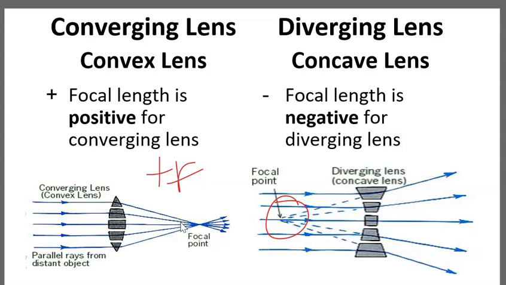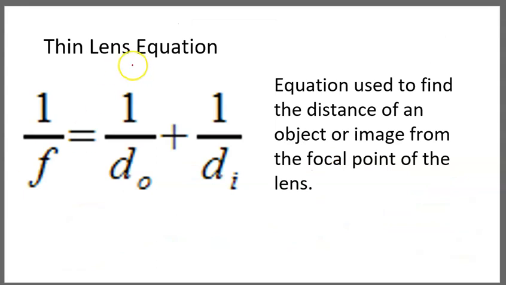Well, it actually doesn't really focus, it's just where it appears to focus, so it's going to have a negative F. If I give you a concave lens with a focal point of 10 centimeters, it will be negative 10 centimeters. If I give you a convex lens with a focal point of 5 centimeters, that will be positive 5 centimeters.